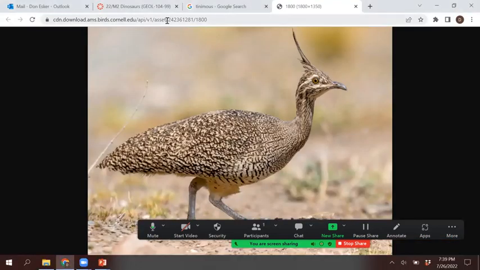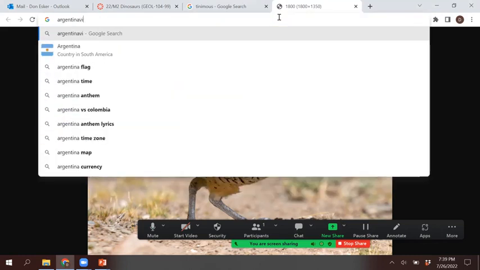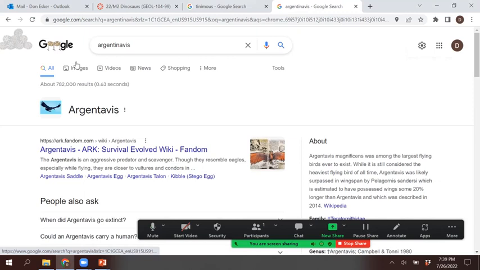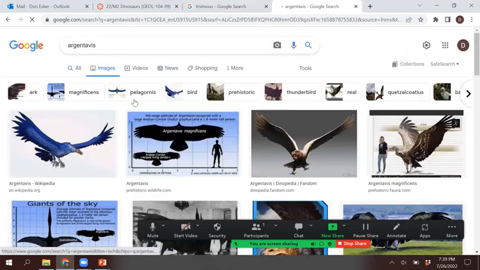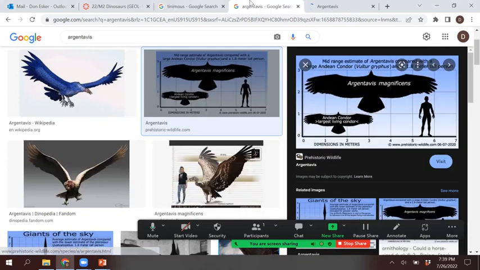Let's go over here and see if we can get a picture of Argentinavis. Argentinavis, which means silver bird. It's named for Argentina, of course.